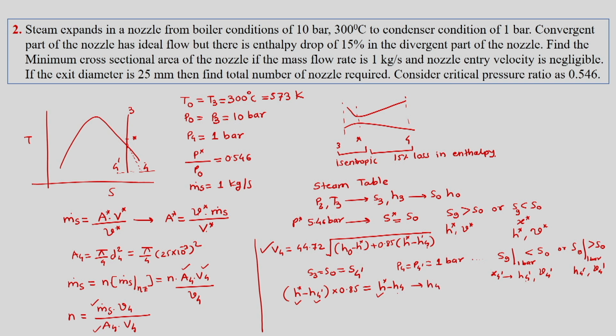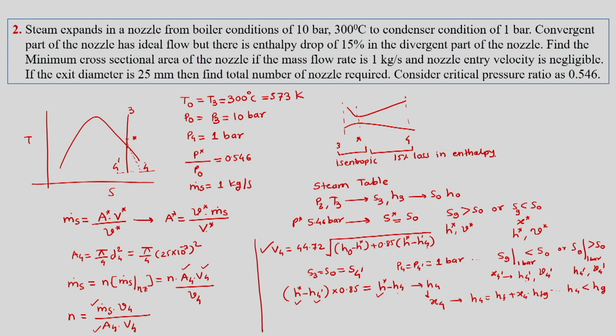So once H4 is known, we can find out X4, since H4 is equal to HF plus X4 into HFG if H4 is less than HG. Otherwise X4 is 1, then we don't have to bother.